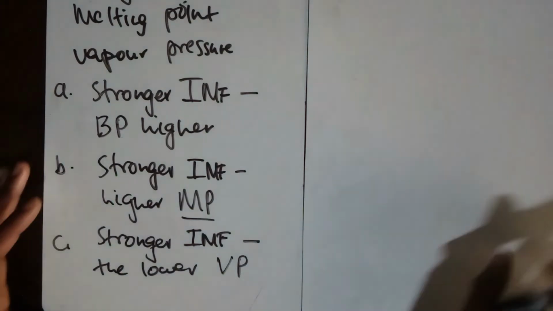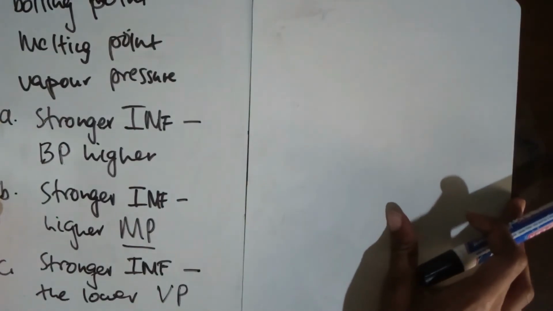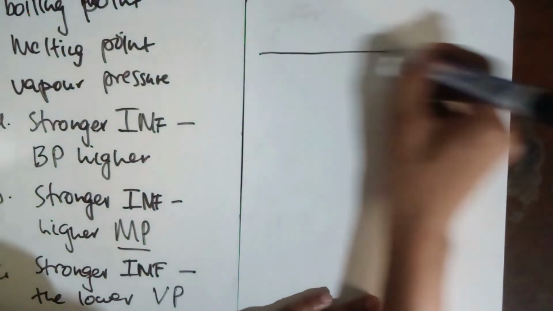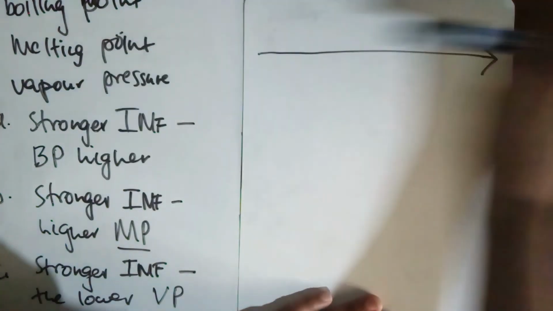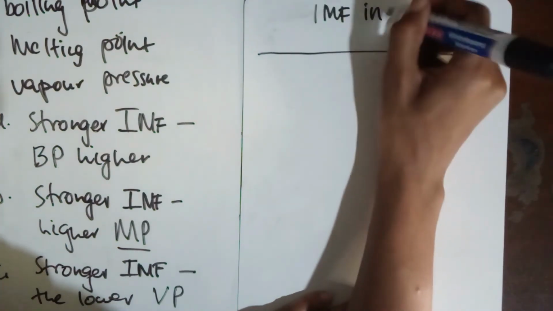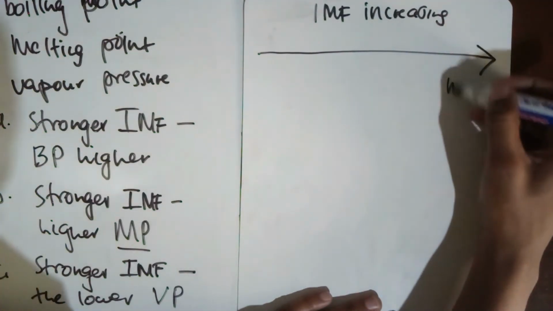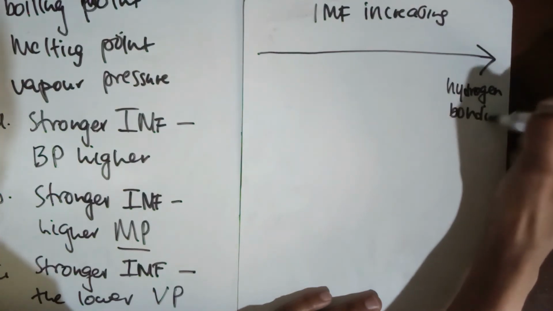And now I want you to think. Let us try to do an activity where we organize intermolecular forces in terms of increasing strength. So I've already mentioned this. Your intermolecular forces are increasing in this direction, meaning here we'll find hydrogen bonding, which is our strongest intermolecular force.